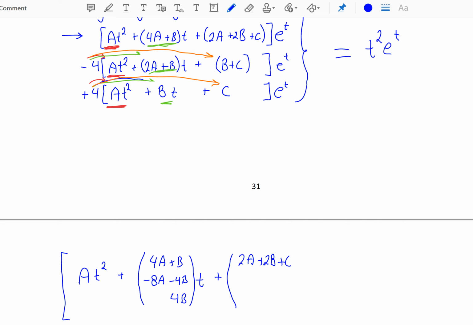So I think we'll have minus 4b minus 4c and a 4c. These will all be your constant terms. This will all be multiplied by e to the t, and this somehow has to again equal t squared e to the t.